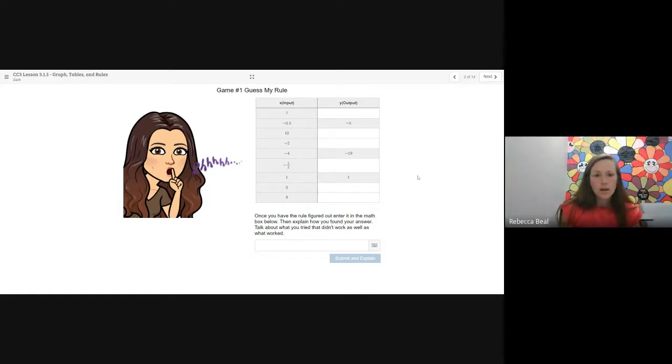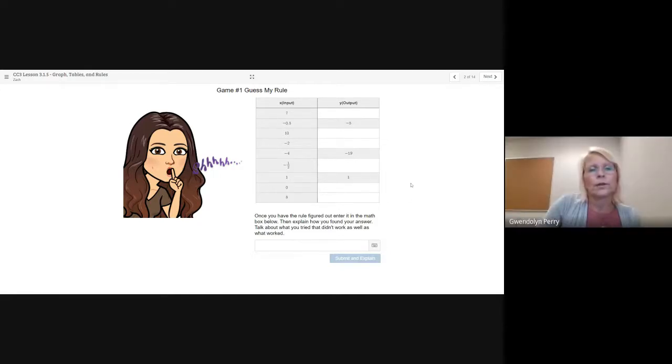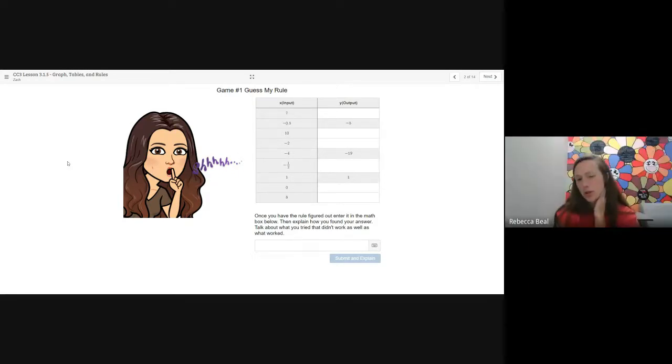Okay. So we have a whole bunch of inputs, a whole bunch of X's, and 3 outputs to start from. Yeah. They're not in order, so that's making it a little harder. And it looks like we can't switch the order at all.